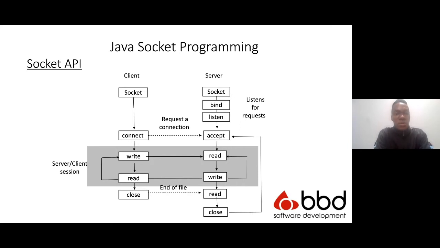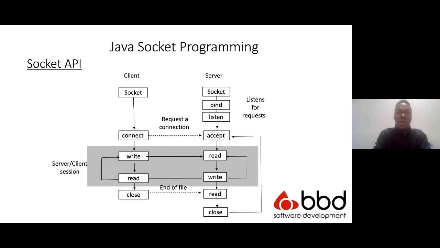So this is the socket API. We've got the client and we've got the server. The server listens for requests from the client. Once the client requests a connection from the server, the server accepts the request from the client.